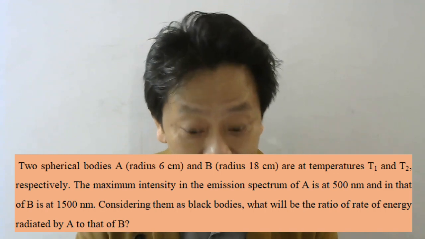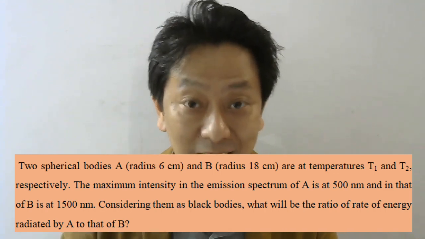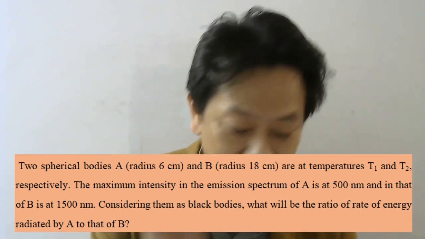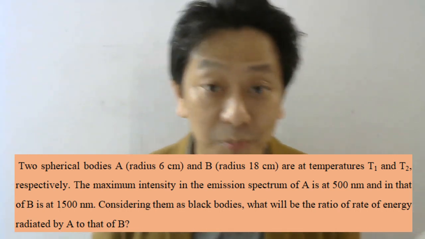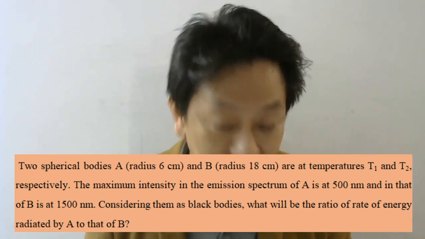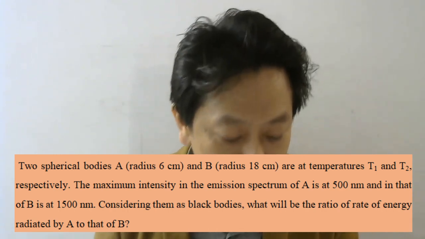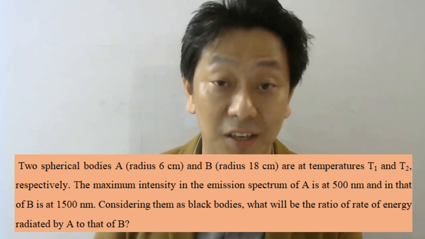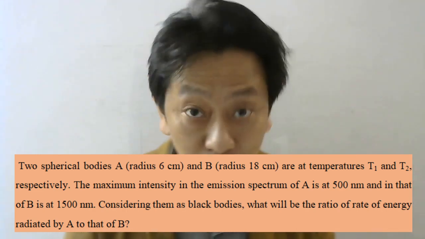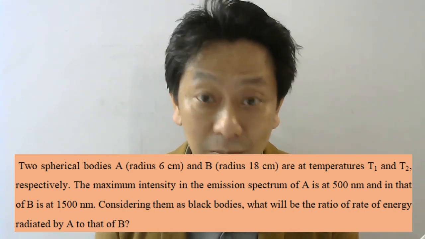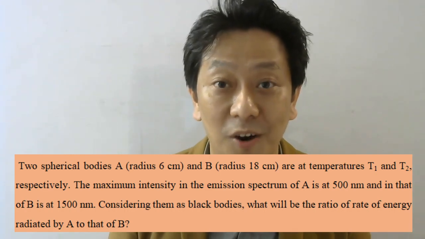So this is the wavelength at which your intensity is maximum, this is your lambda m, remember, but for body A. And in that of body B, it is 1500 nanometer. Considering them to be black bodies, what will be the ratio of the rate of total energy? Rate of total energy means power, right? Power is energy emitted per second, radiated by body A to that of body B.